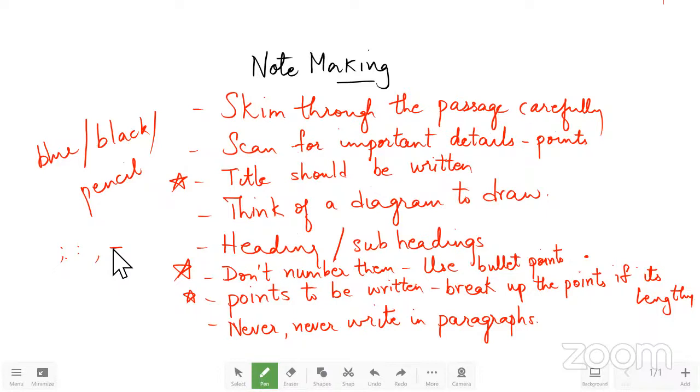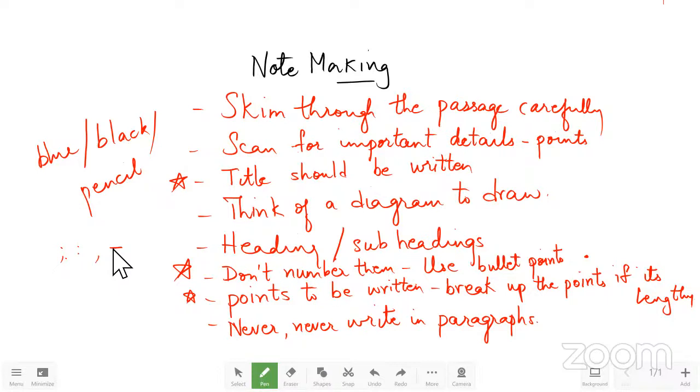At least a minimum of 2 points under each subheading. And like I said, don't number them. It is essential that you shouldn't number these points, but you make use of the bullet points. I hope this is clear for you, children.